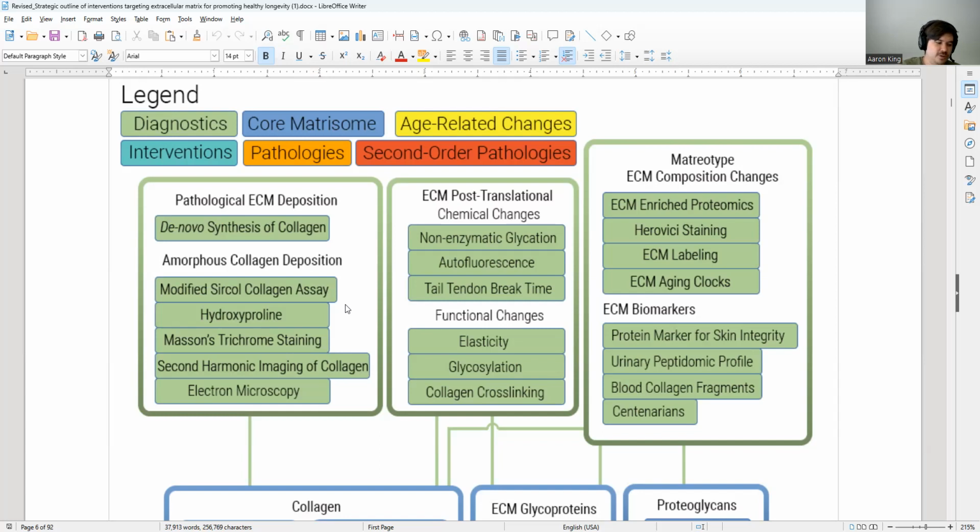What we need are more tools like this one, where it just shoots a laser beam at you and measures your skin, and it has some kind of reading that's related to ECM. Unfortunately, this tool is not quite sufficient for practical use right now because it has a confounding factor.